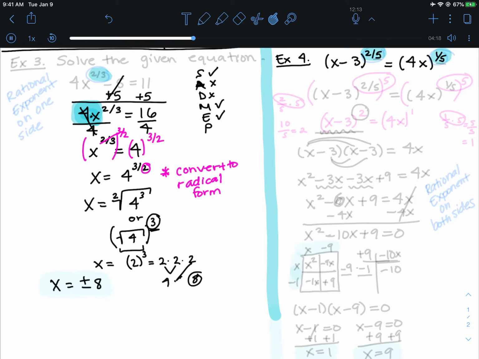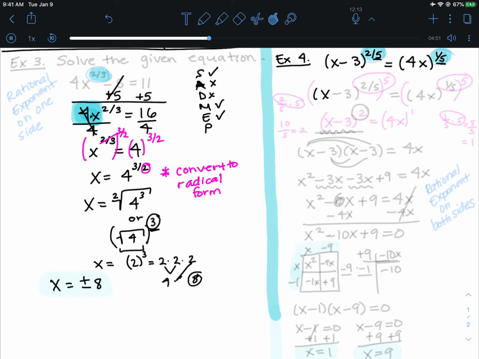But the one thing that I do notice is that they both have a denominator of 5. So if I look at this 1/5 and multiply it by 5, it will literally just give me 1. So we're going to take this equation and multiply it by the denominator, since they both share the same denominator.